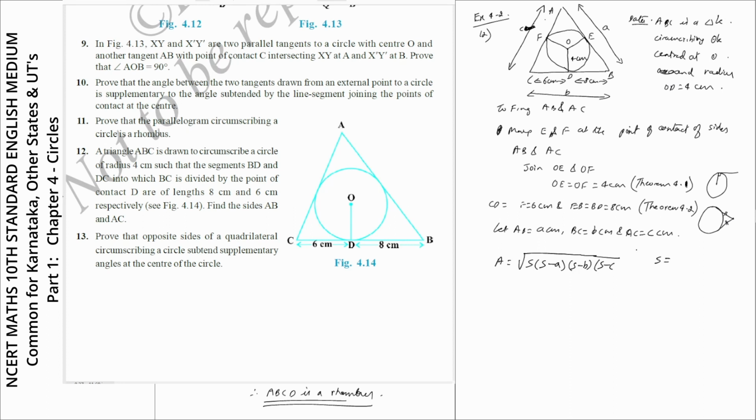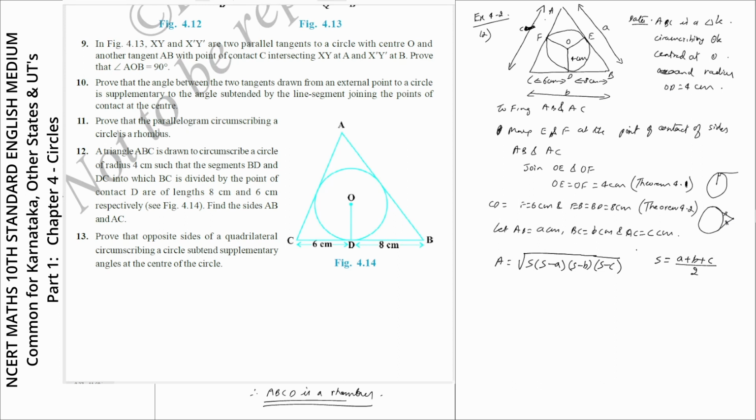S is given by A plus B plus C, the sum of all the sides, which is the perimeter, divided by 2, the half of the perimeter, that means the semi-perimeter. Now I will substitute the values of S minus A, S minus B and S minus C in this formula.